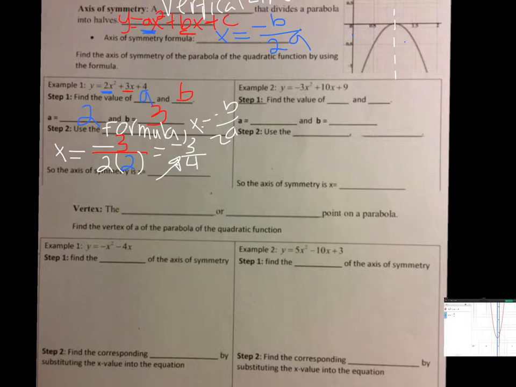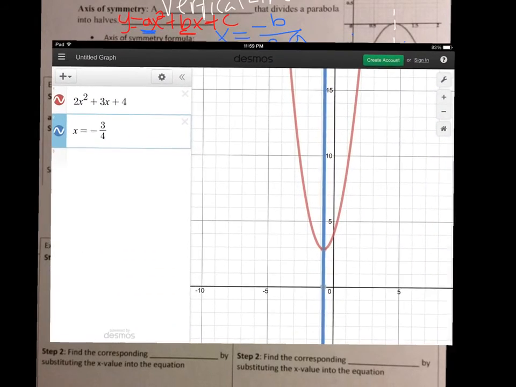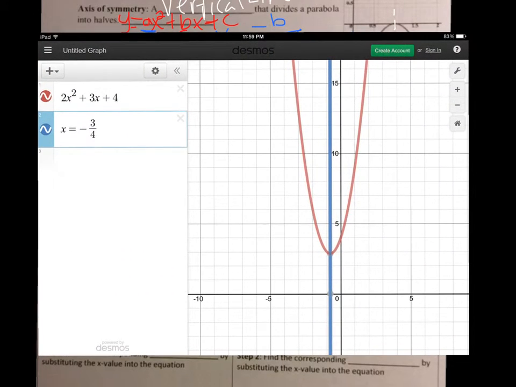And if you're like, Mr. Lower, how do you know if I'm right or wrong? Well, you can check your work on a graphing calculator, which I don't have in the room, or you can go to Desmos. We've used Desmos a few times. If you forgot how to get there, go to Safari or Google and type in Desmos, and it should be the first thing that pops up.